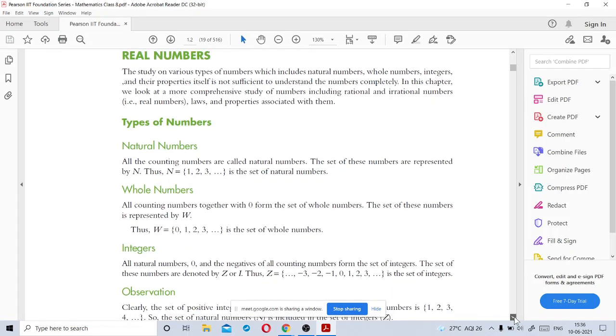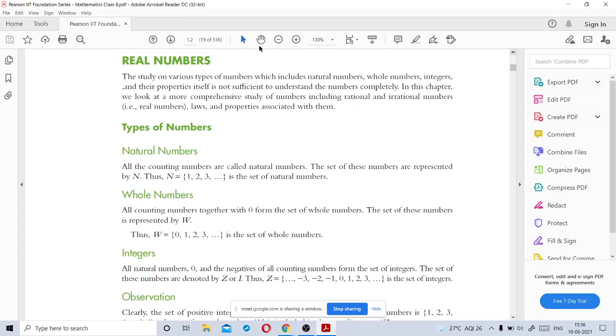See this one, real numbers. Previously, we had discussed in the morning that the study of various types of numbers, which includes natural numbers, whole numbers, integers, and their properties itself is not sufficient to understand the numbers completely.